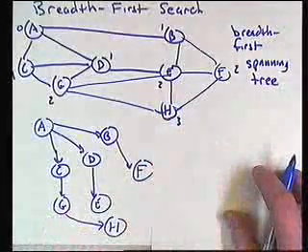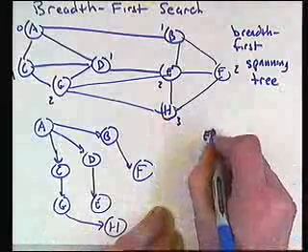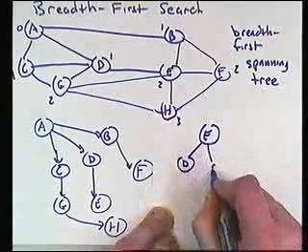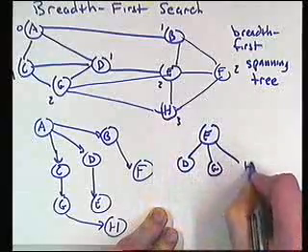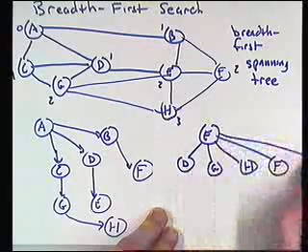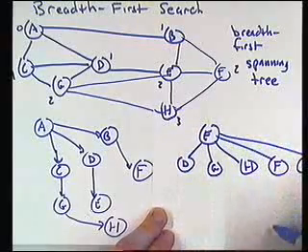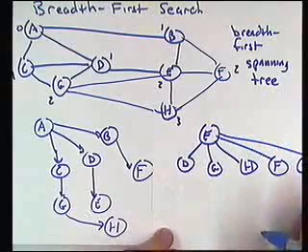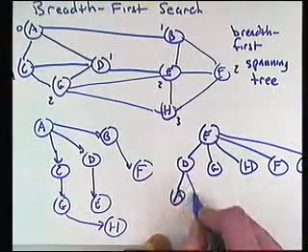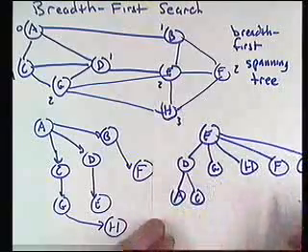And likewise, if I had started at, say, E, I could have said, well, what are the neighbors of E? Well, they are D and G and H and F and B, because there are 5 edges coming from E, so we have 5 children. Now, what can I reach from D that hasn't been reached yet? A and C. And then it'll turn out, well, now we've got all the vertices in there.